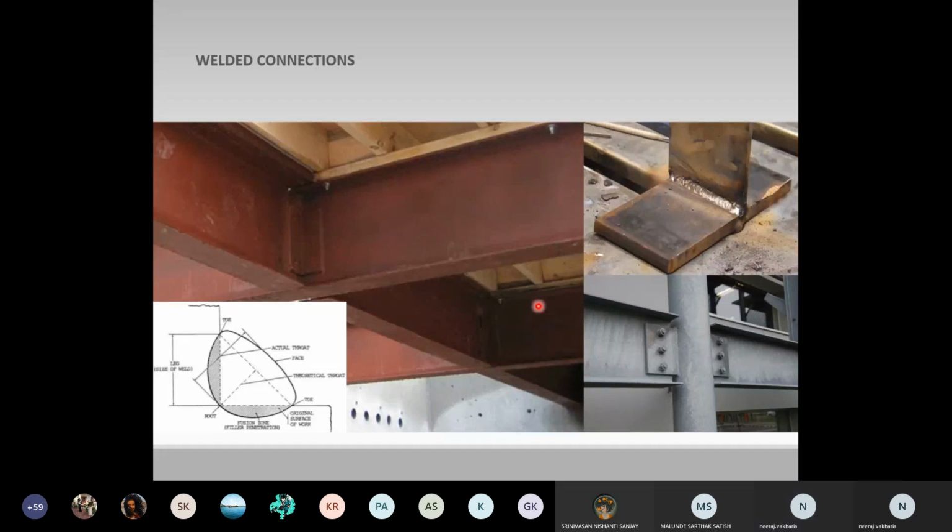Again, the advantage of welding connection is, if you see in the third image, since the column is circular, maybe a hollow circular tube, to connect metal plates to this column, it is difficult to create these circular plates and bolt it. So that's why welding connection is better in these kinds of conditions.